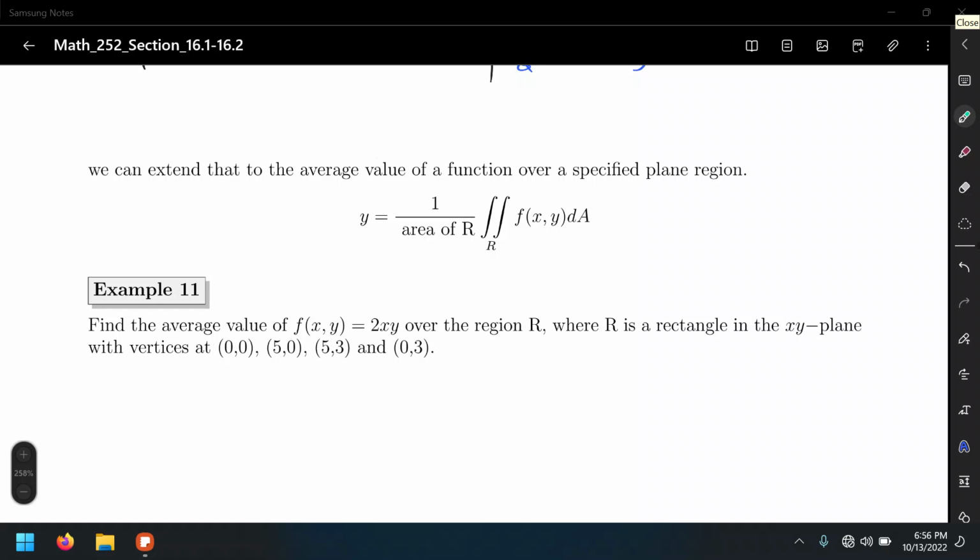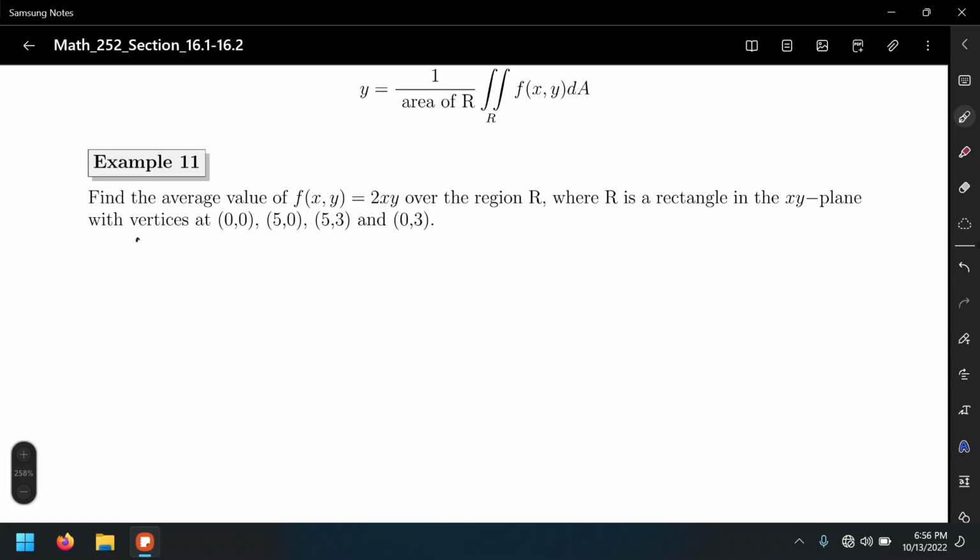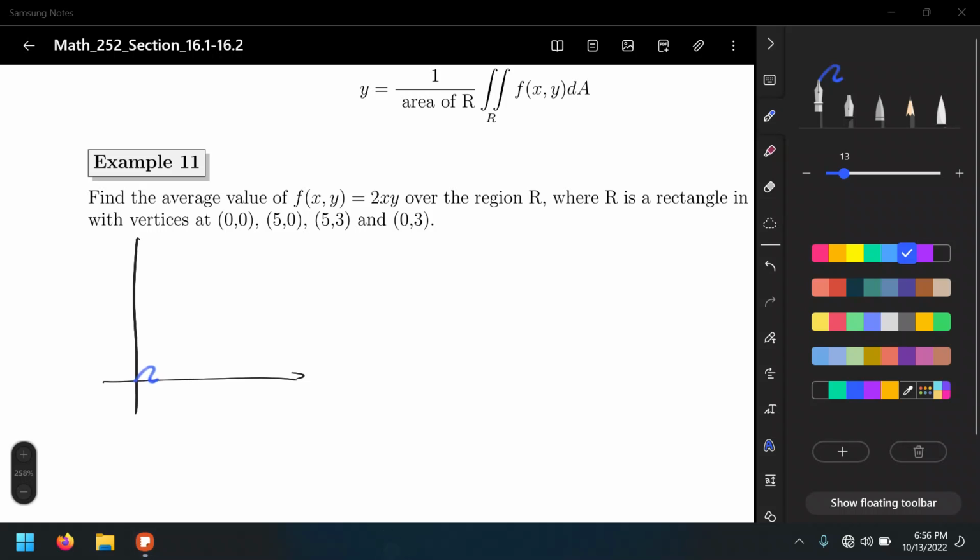Number one, let's draw the graph. So those are the points (0,0), (5,0), (0,3), and (5,3). So let's draw that rectangle.